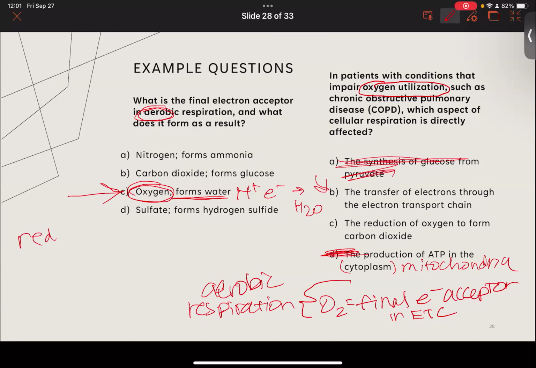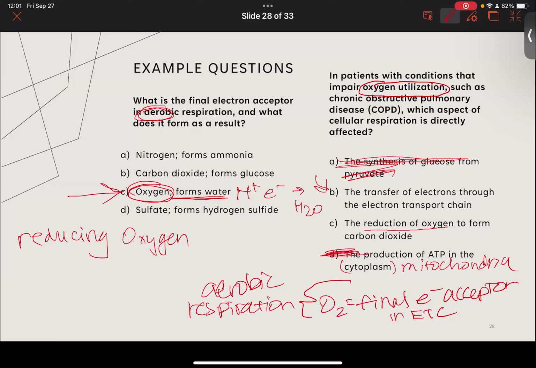So we are reducing oxygen in this process. This talks about reducing oxygen. Are we reducing our oxygen to form carbon dioxide? Is that a thing? If you've been paying attention, I hope you have, then I would hope that you would know that it can't be C, because we are not reducing oxygen to form carbon dioxide.